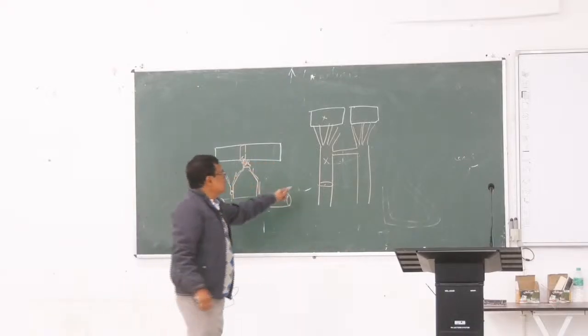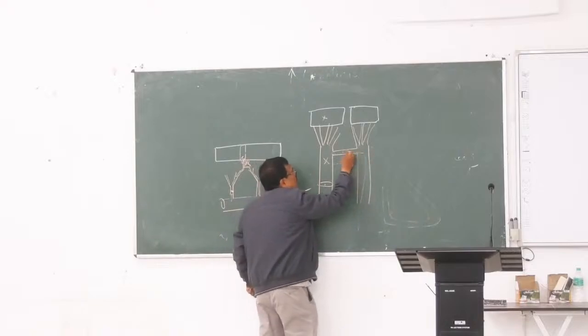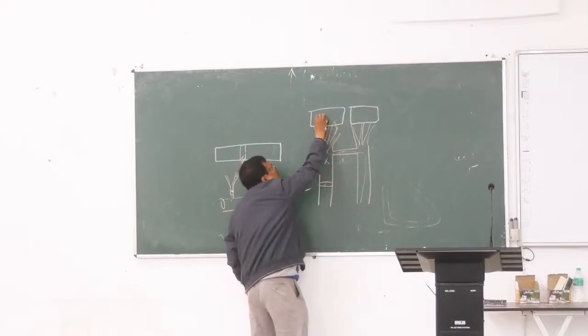So that if this is blocked, the blood can go to supply this, so it will survive.